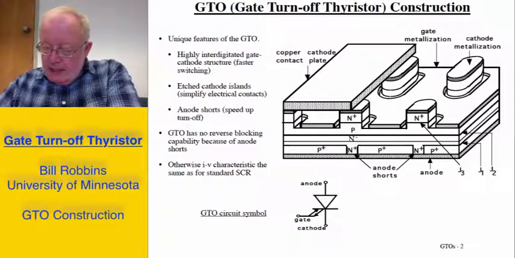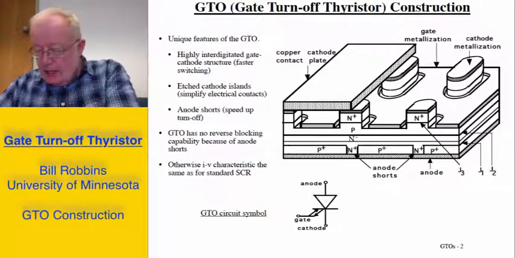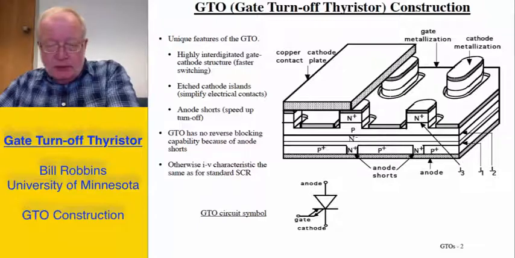And finally, some GTOs have what is called an anode short at the other end, where we have an N+ region every so often that punctuates or punches through the first P+ layer.